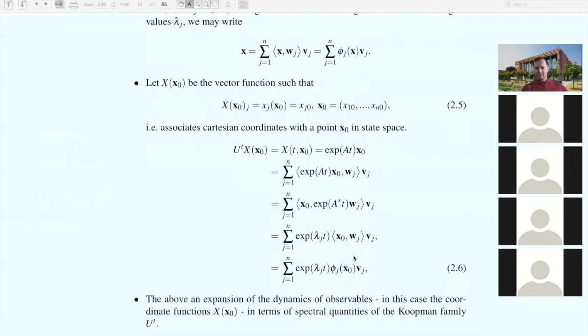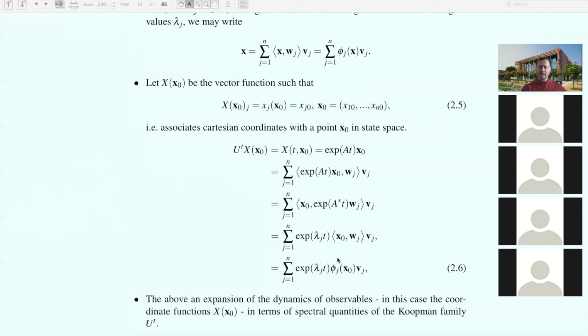But by what I've just discussed, here is another interpretation. Lambda j, while an eigenvalue of A, is also an eigenvalue of the Koopman operator. Phi j, this function of initial conditions, when I was taught linear ordinary differential equations, this was summarized as being just some function of initial conditions that can be defined.